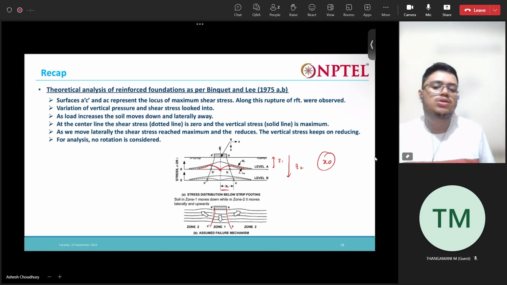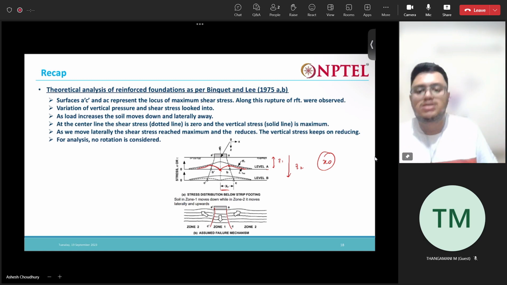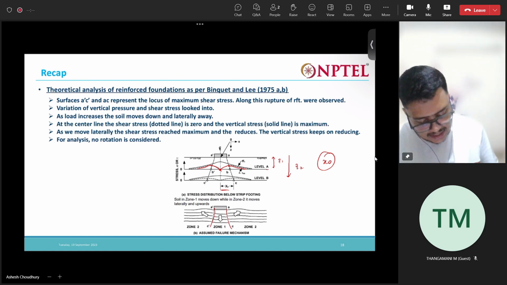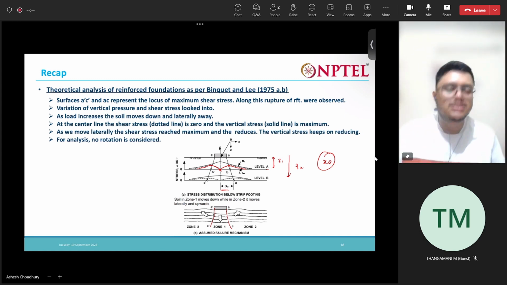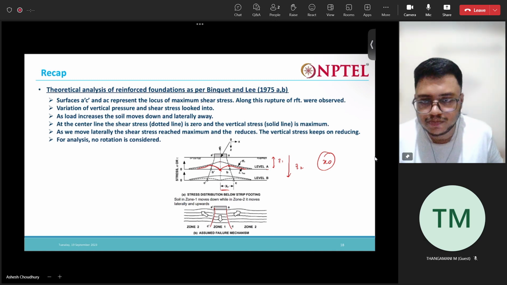This dotted line represents the variation of the shear stress, and the solid line represents the distribution of the pressure, the load that is coming to the soil.